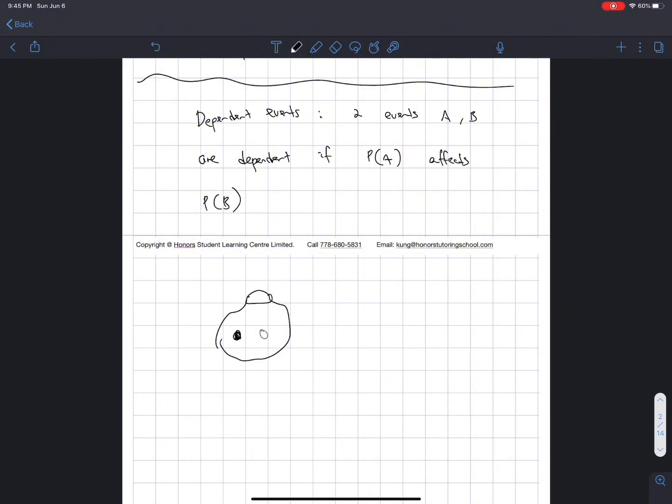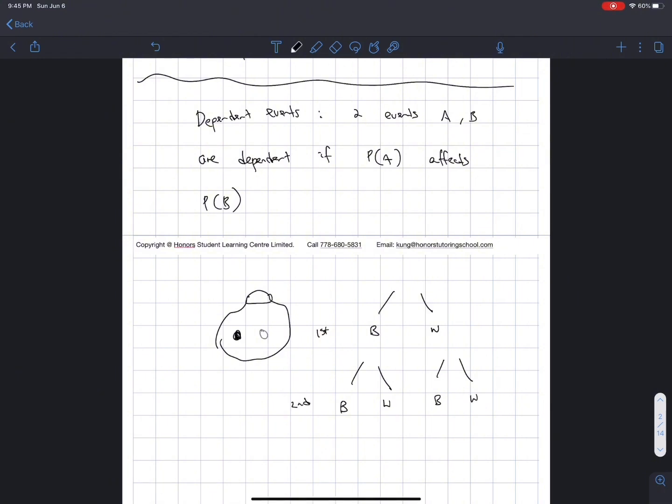So we are going to have two selections. So the first selection, we can have a black or white. That will be the first selection. And the second selection can also be black or white, right? But this time we are not going to replace the marble.